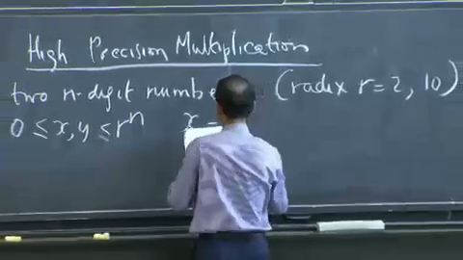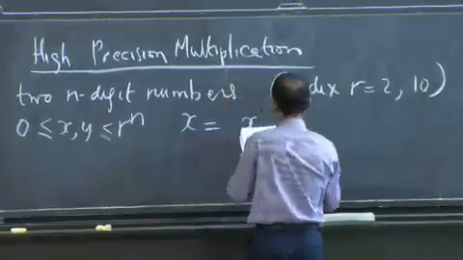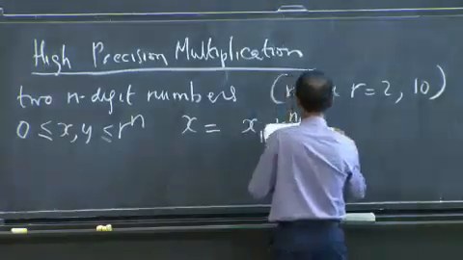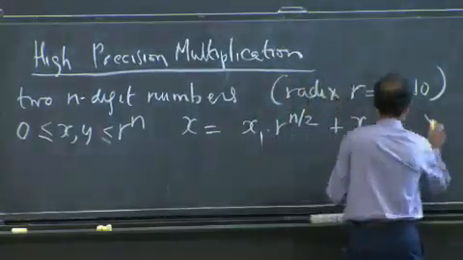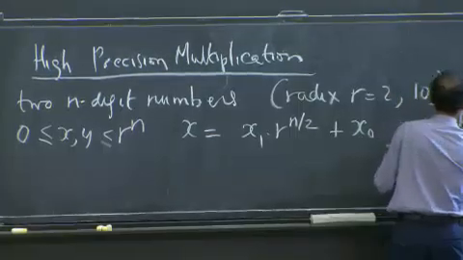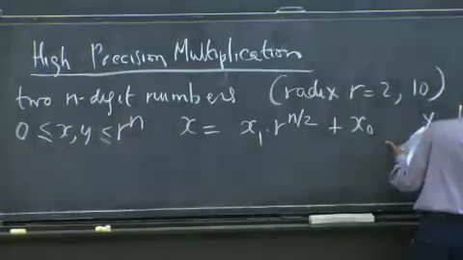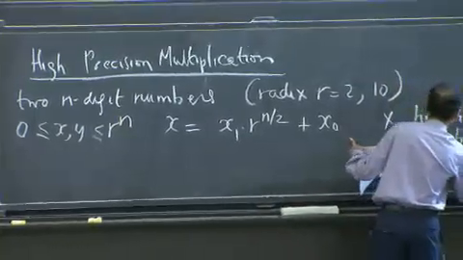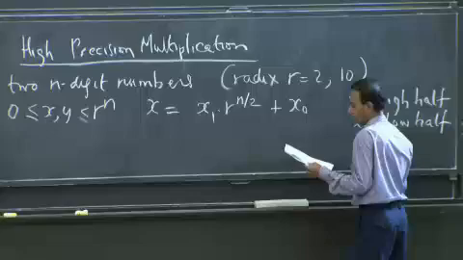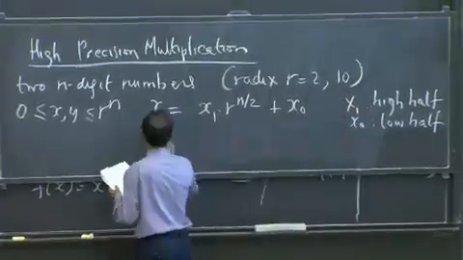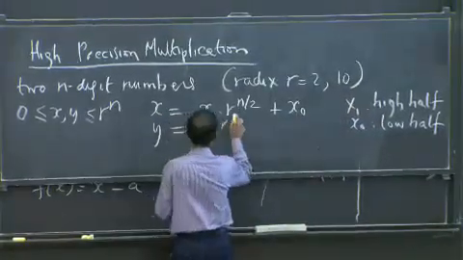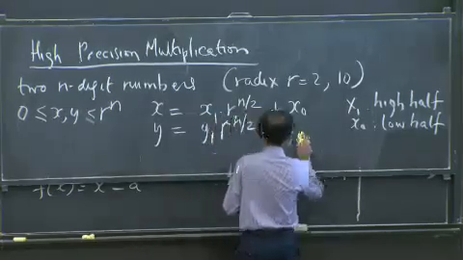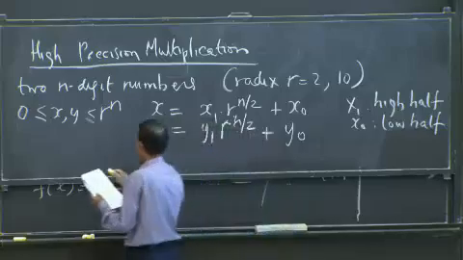So what we have here is you set x to be x1, where x1 is the high half, times r raised to n over 2, plus x0. So x1 is the more significant half, and x0 is the low half. And the same thing for y: y1 times r raised to n over 2 plus y0.